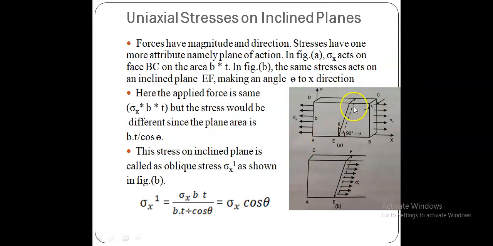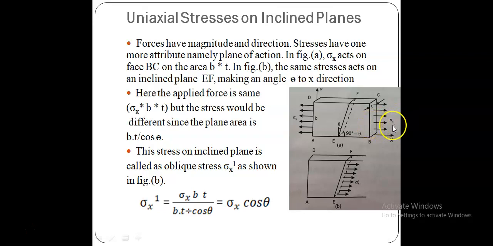You see that, sigma x is acting on this plane BC, a vertical plane, and on the vertical plane there is normal stress sigma x acting along the x direction.